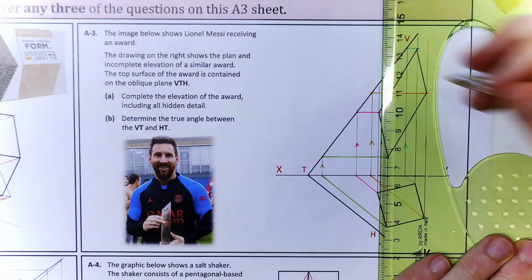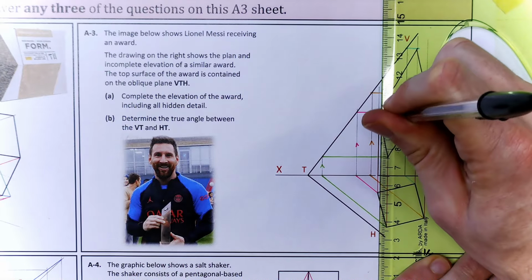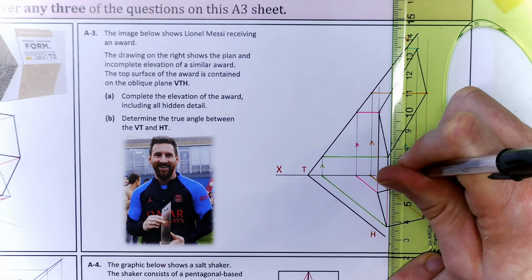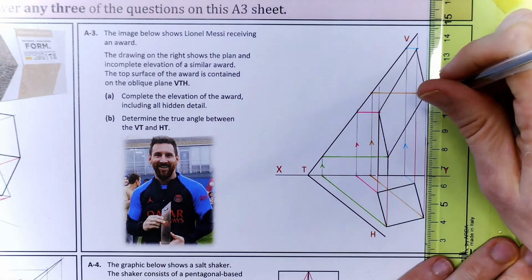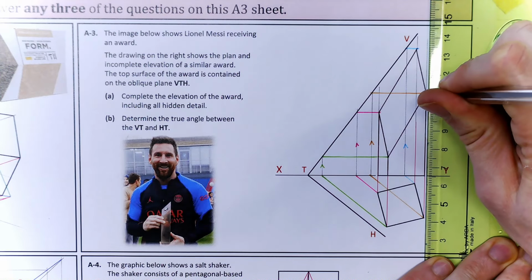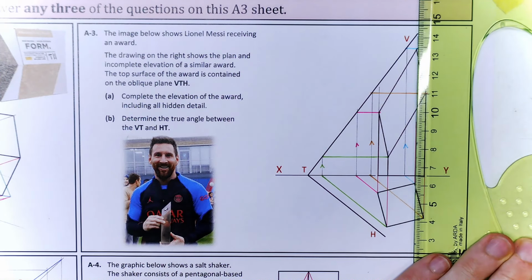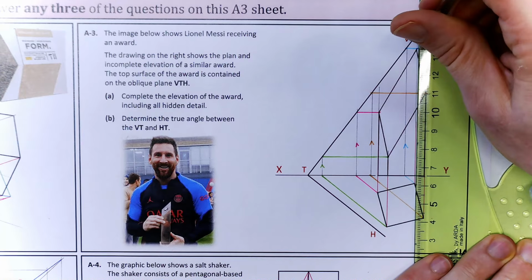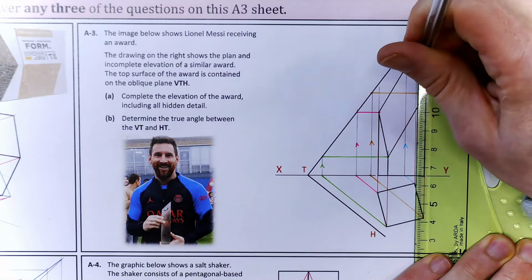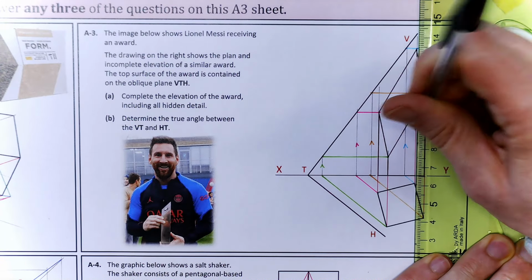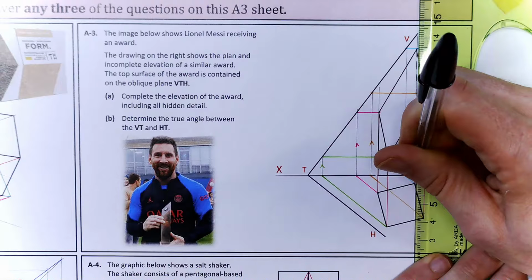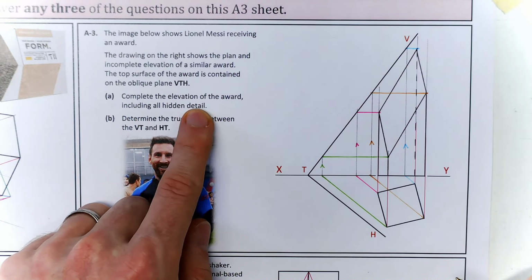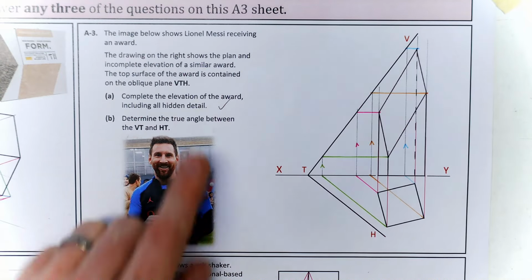We've got an edge on the side, bring that down, an edge at the front, edge on this side. We won't forget our hidden detail line. So that's my elevation completed, including the hidden detail.